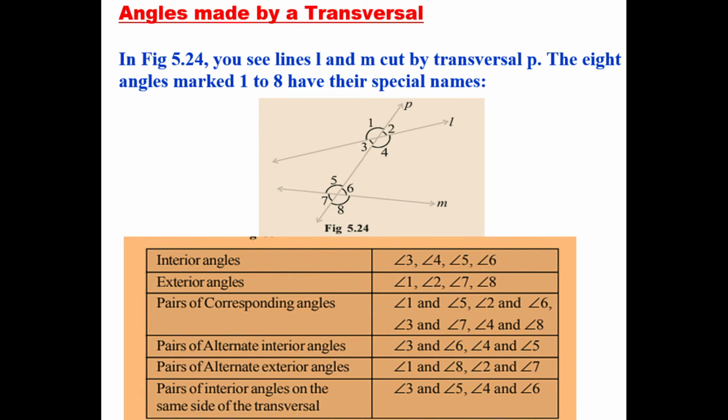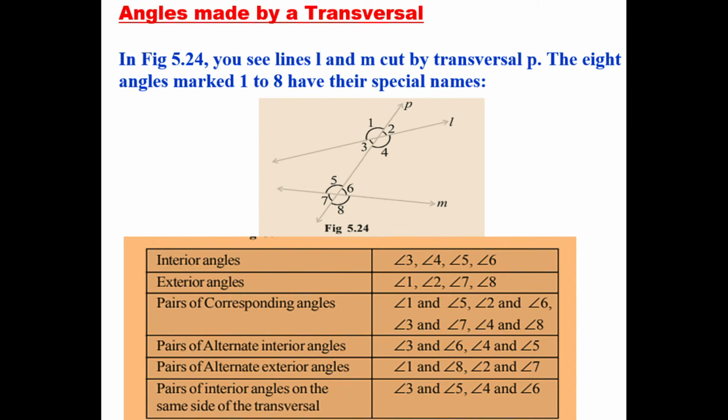Now pairs of alternate interior angles. You can find out here 3, 6 and 4, 5 are alternate interior angles. 3 and 6 you see, that is alternate. 4 and 5 also alternate. 3 is on one side of the transversal, 6 is on the other side of the transversal, so it is called alternate interior angles.